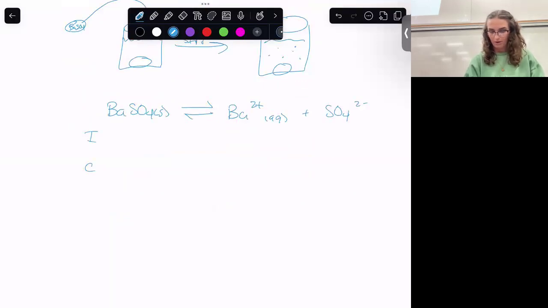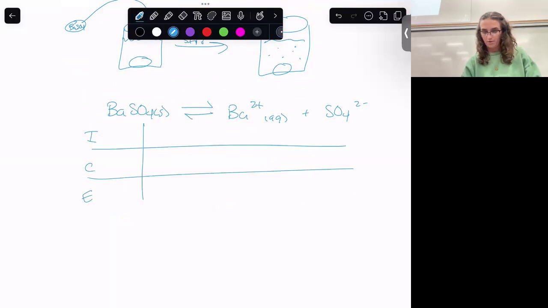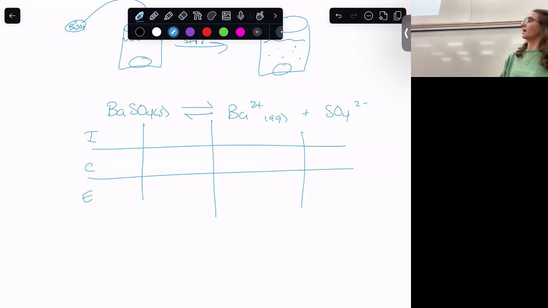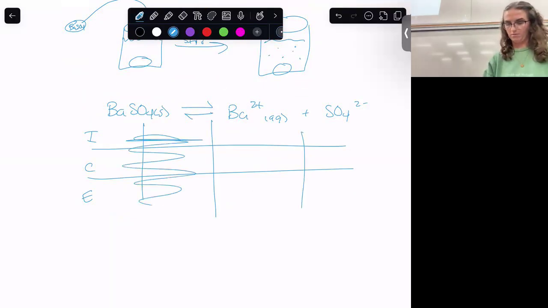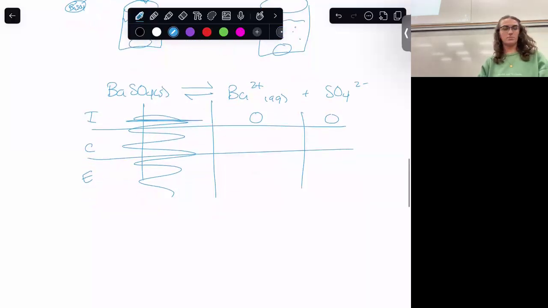When you just put your solid in, do we have any products when we first put that solid in solution? No, right? So that becomes that our initial for these ions is 0. So what does Q equal then? It would be 0, right?